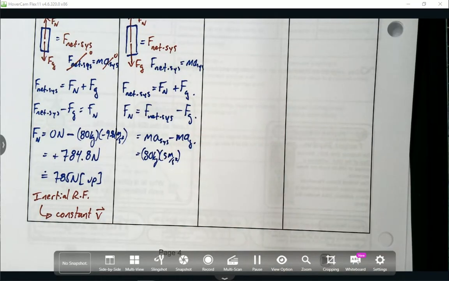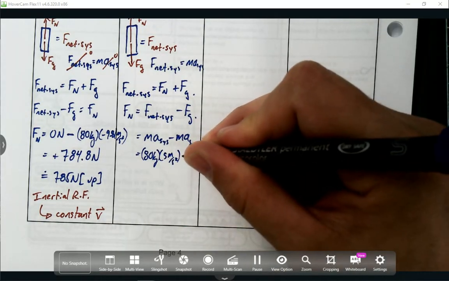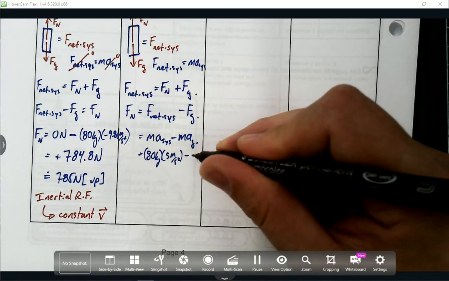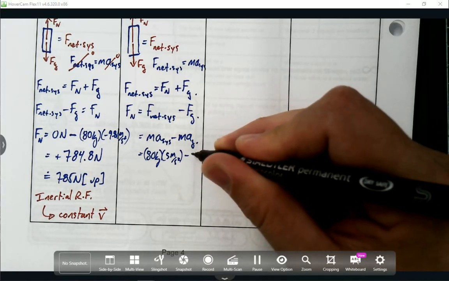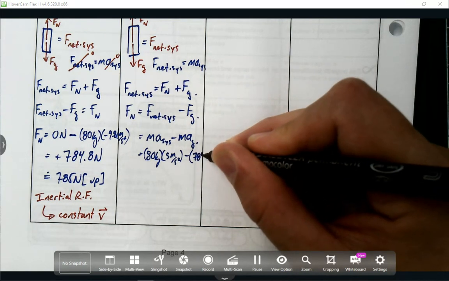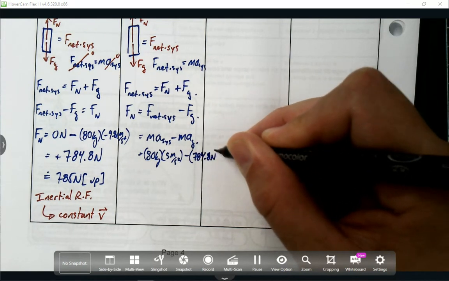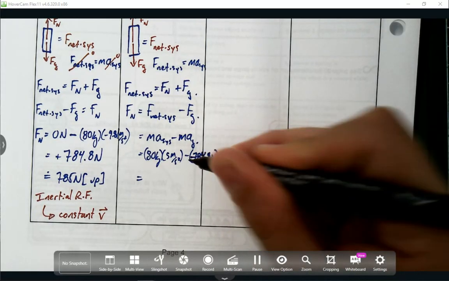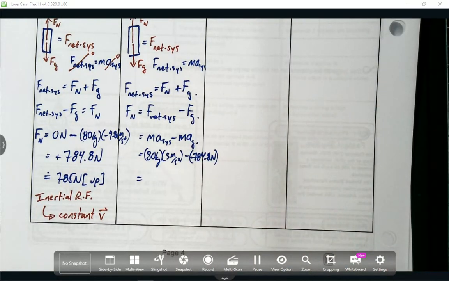I know I'm dropping off the zeros because I'm trying to squish it all in here. Minus, and I'm just going to write it in as the minus negative 784.8. That's the unrounded value for gravity. Oh, and I got to make sure there's a negative in there because it was negative. So it's going to be a plusive.